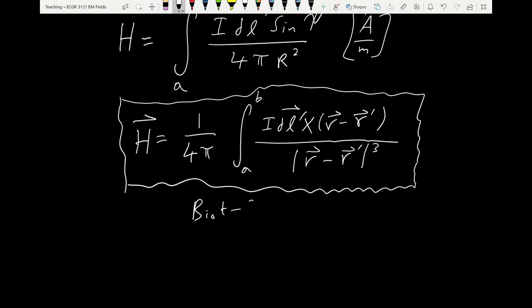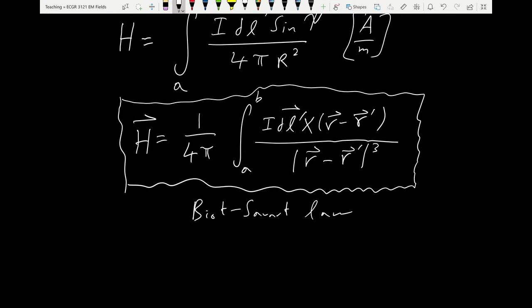So this is finally the Biot-Savart law, and it's an integral law. If you have some currents, you need to chop them up, and then integrate, mindful of what is varying as you move along the path of the current along your source, and what is not varying. Whatever is not varying, you can take out.